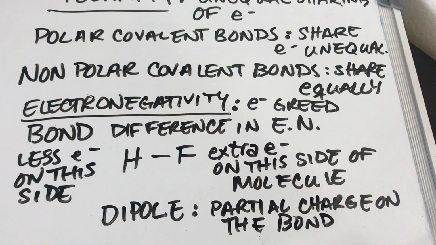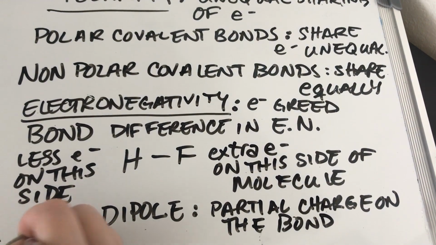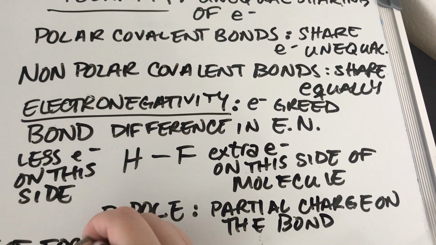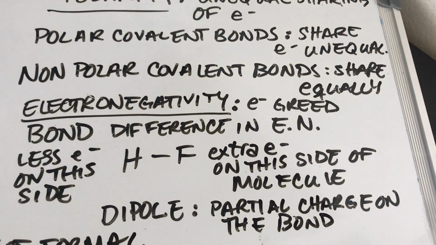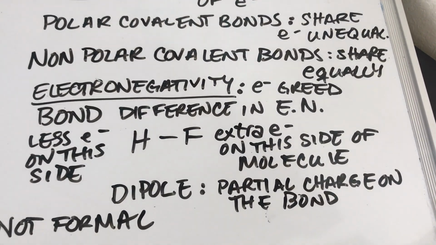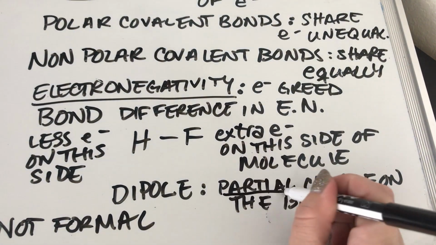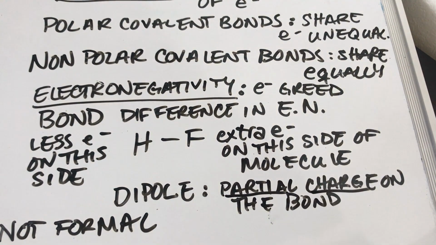Because that's what a charge is. Yeah, the charges in this case come from the electrons. Does that make sense? So, we're not talking about here formal charges. Not formal charges, okay?